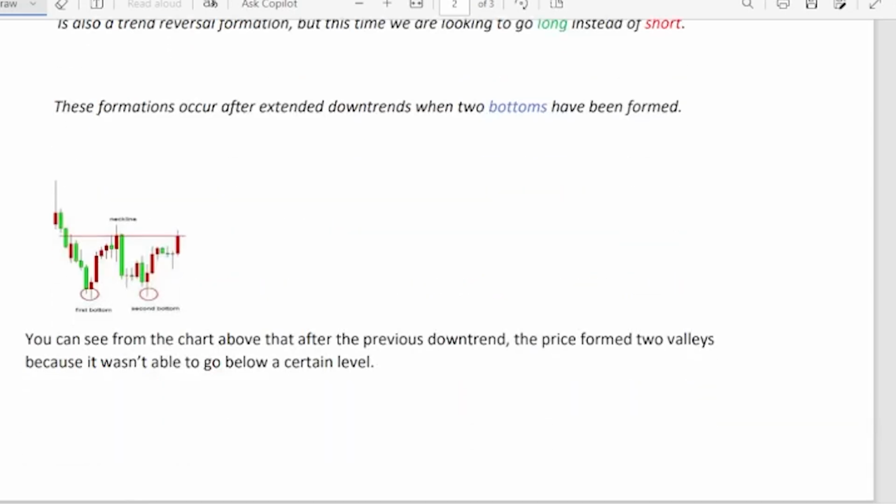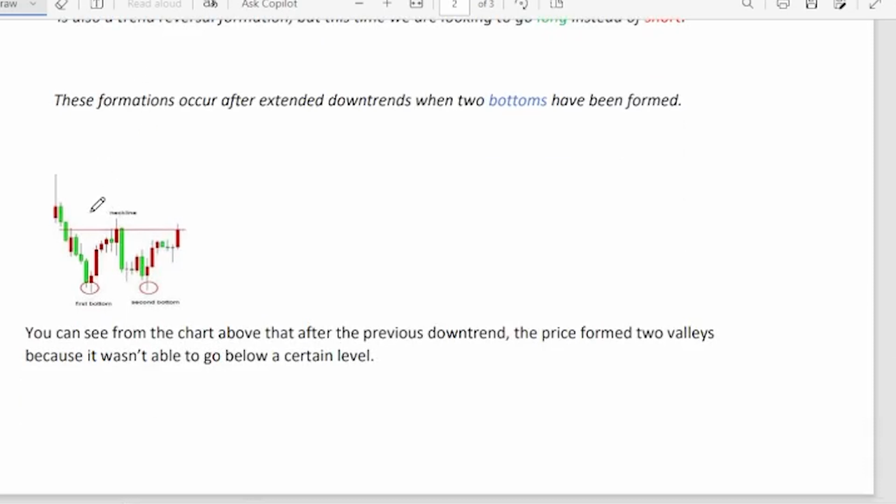That's where we start confirming that we are going to reverse to the upside. So this is the formation of the double bottom. We have this first valley and we have the second valley, by rejecting from this area twice, which tells us that the sellers are losing momentum. Now we are expecting the buyers to control the market.